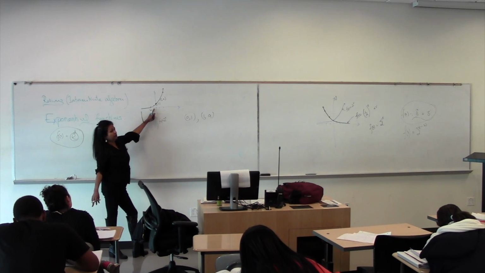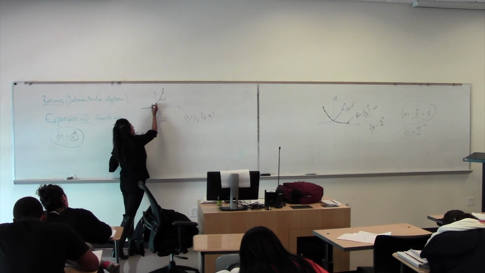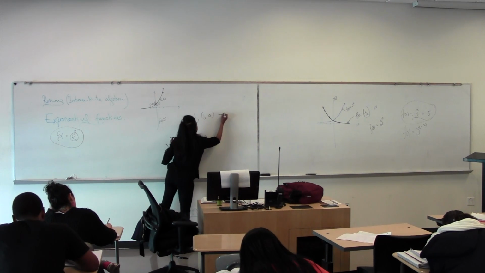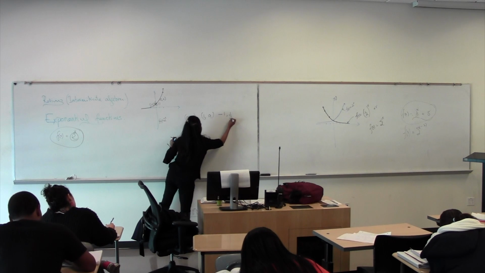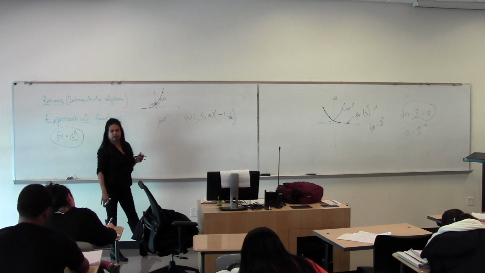Negative 1 and 1 half, which is negative 1 and 1 over a. So these 3 points: negative 1 and 1 over a, 0 and 1, 1 and a. All exponential functions are going through these 3 points.